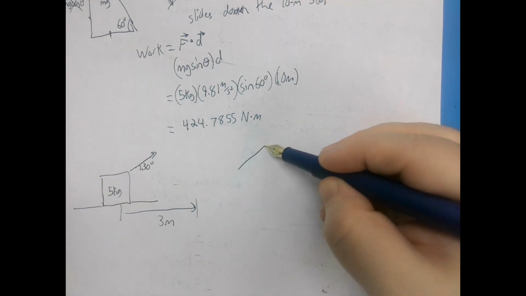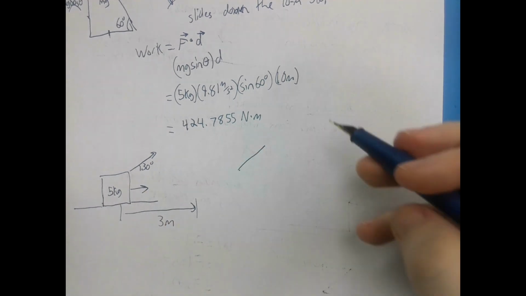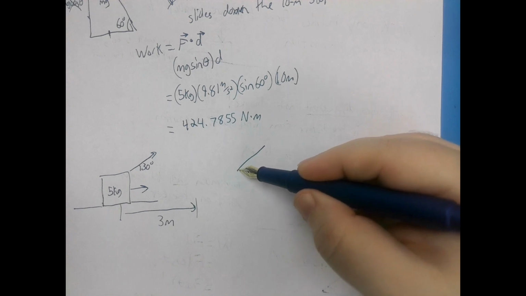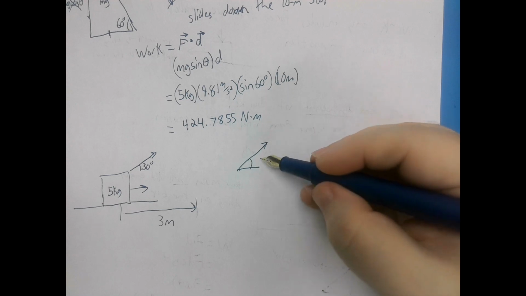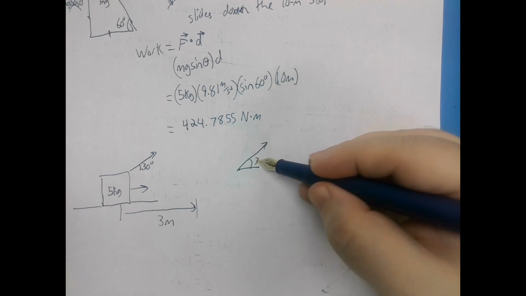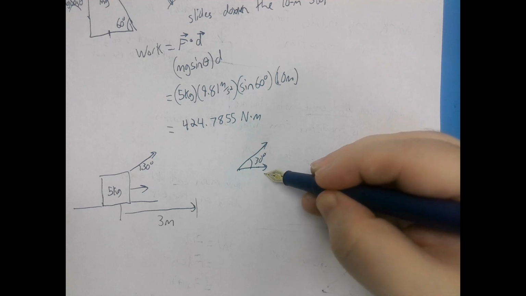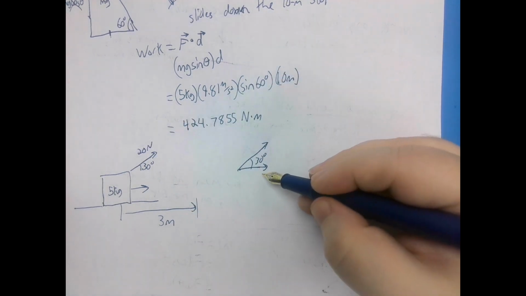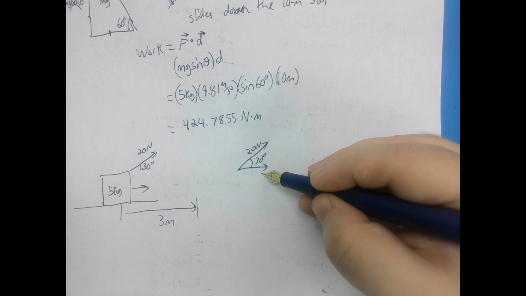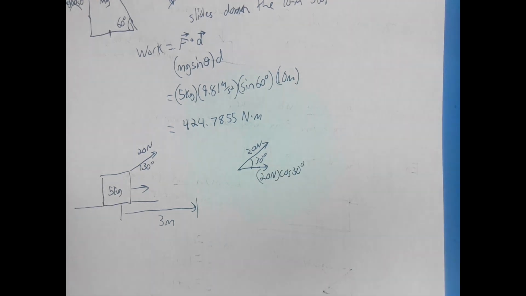So looking at our force, the box is going to move in this direction. So our force that is parallel with that direction would be the horizontal component, which would just be, and let's make this 20 newtons. So if this was 20 newtons, the parallel force, or horizontal force, would be 20 newtons times cosine of 30 degrees.